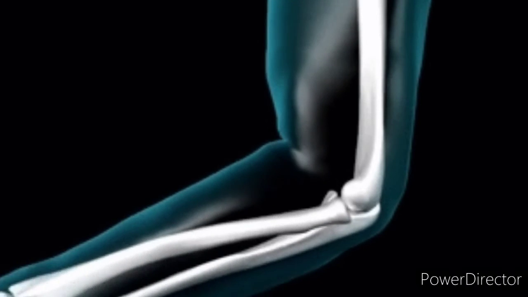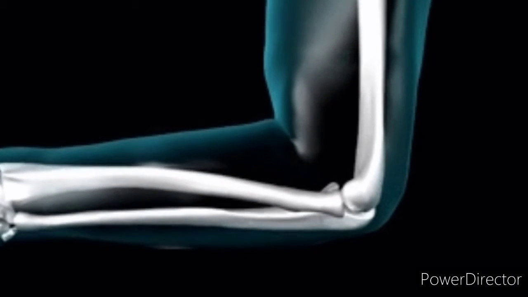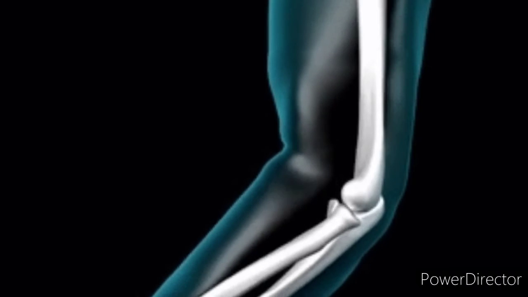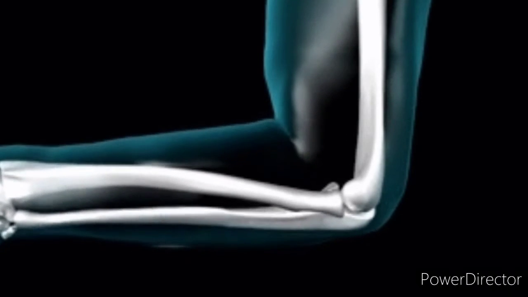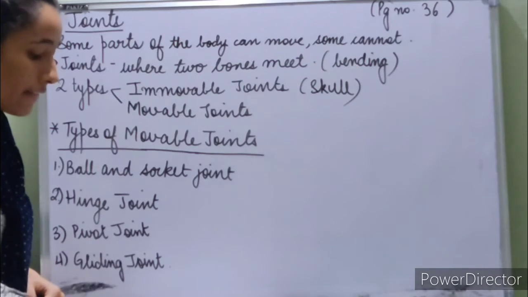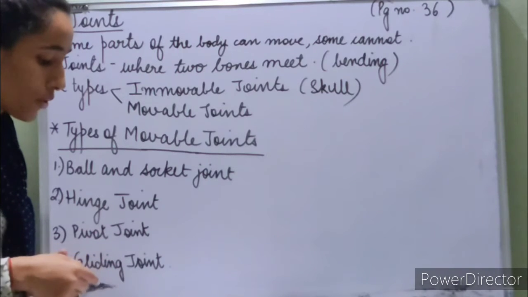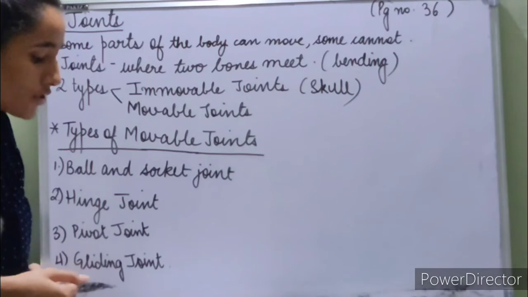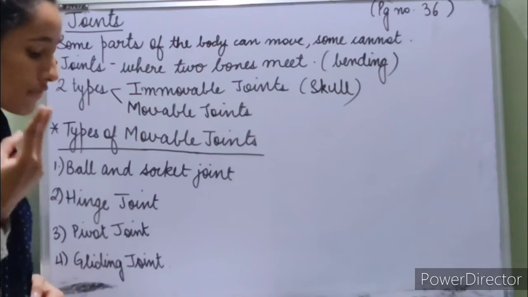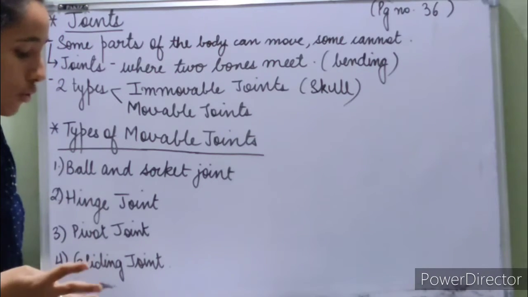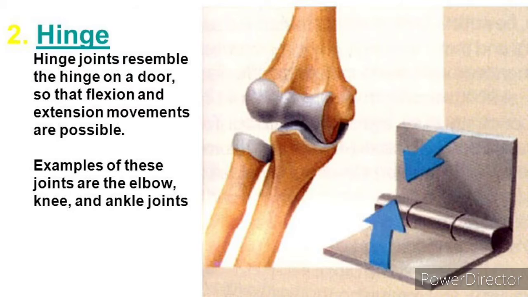Hinge joints are present in elbows, fingers, knees and toes. On page number 37, it is also given. You can underline this line in the paragraph on hinge joints: we have similar hinge joints in our elbows, fingers, knees and toes. The movement is only possible in one direction.